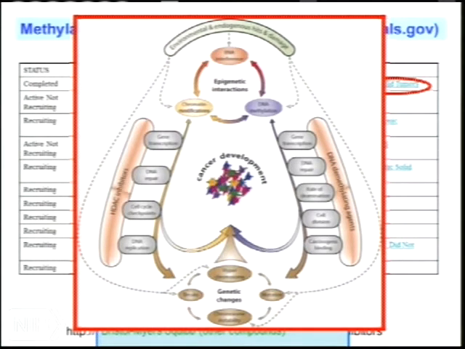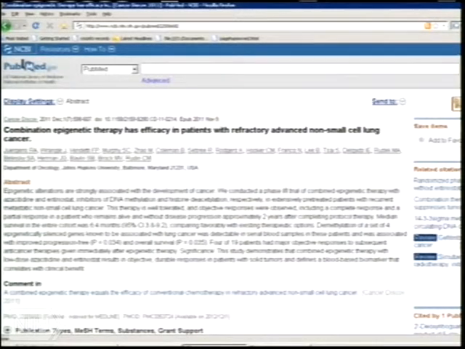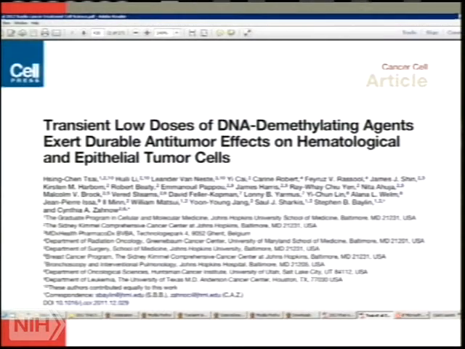So in the whole of cancer development, genetics and epigenetics go side by side. And these are those 4 inhibitors which have been approved by the FDA: 2 are for methylation, 2 are for histone deacetylation. In one example here, they have been used for lung cancer and were successful. Another example is for hematological and epithelial tumor cells.